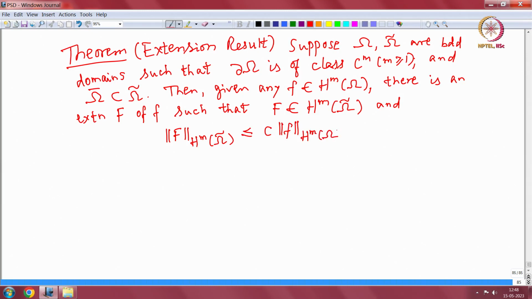This constant of course does not depend on a particular function, it depends only on the domains omega, omega tilde and other things, but not on the function. That's important.